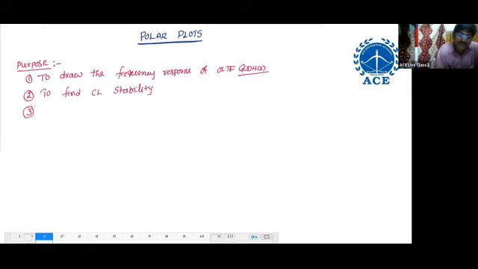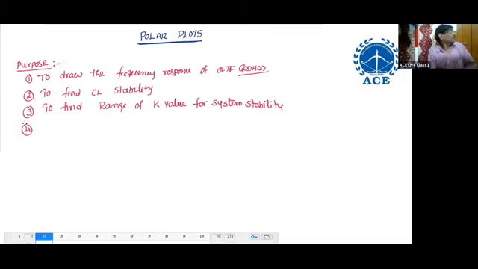Third one: to find the range of k value for system stability. Next, to find gain margin and phase margin.